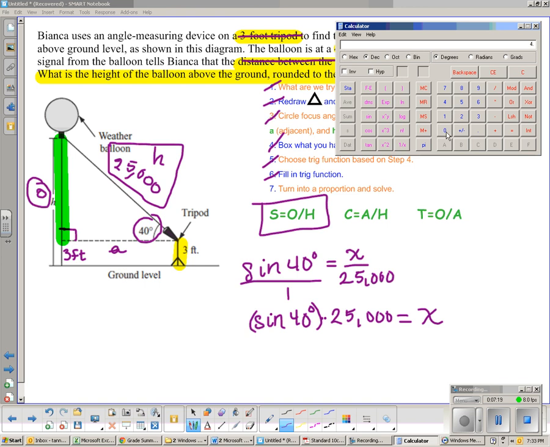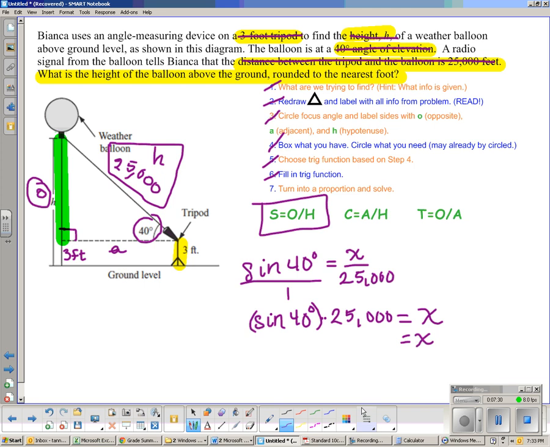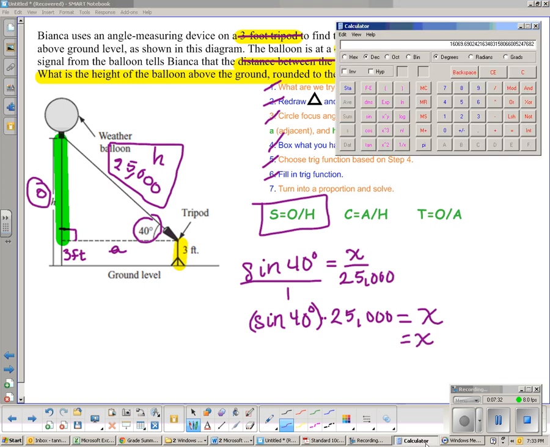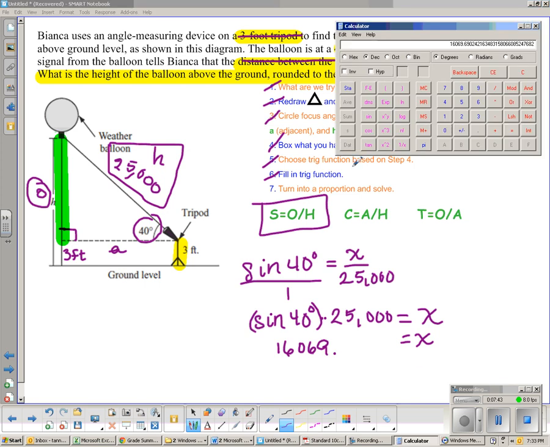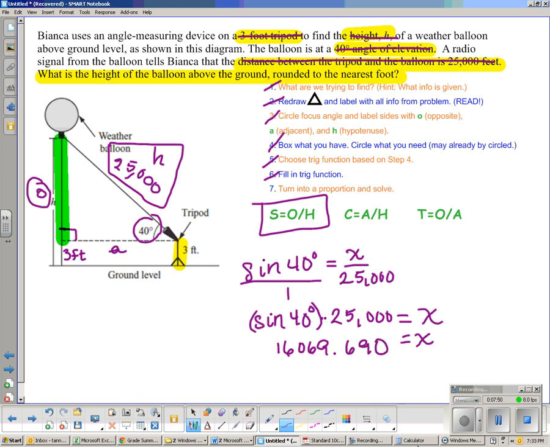So 40 degrees, I'm going to find the sine of it, and then I'm going to multiply it by 25,000, and that's going to give me this beautiful decimal of 16,069.690.